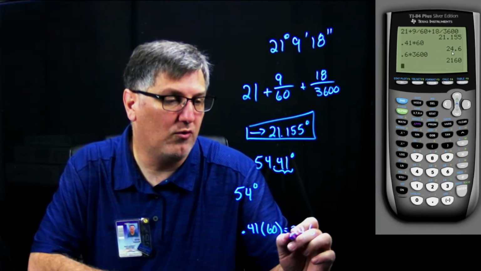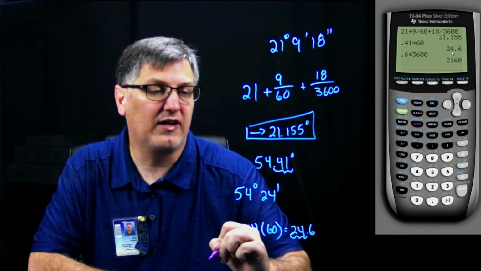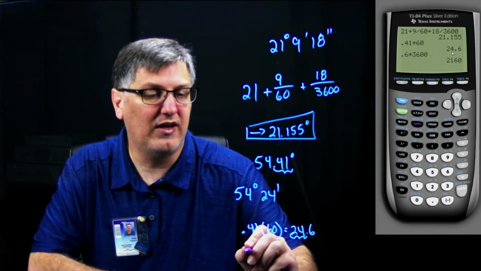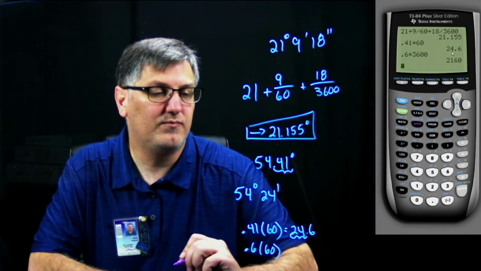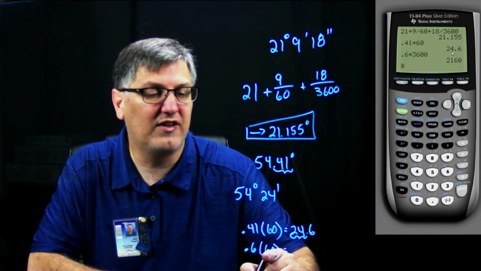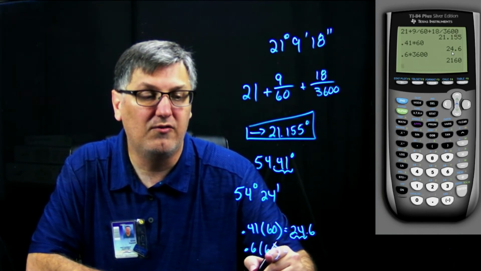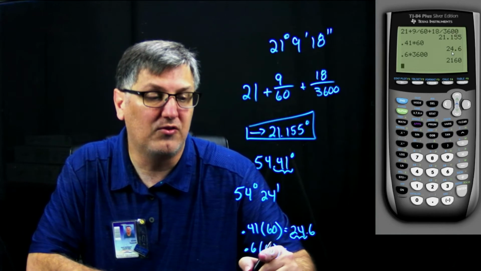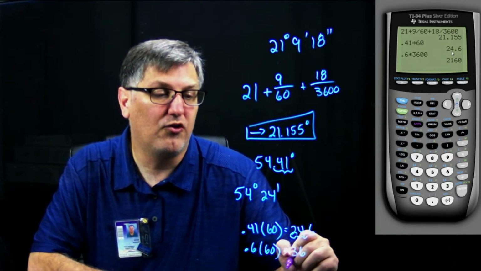This 24 right here is my minutes, so I have 24 minutes. And I'm going to take this 0.6. And what I'm going to do is multiply this by 60 because there are 60 seconds in every minute, and I have 60% of a minute. So 60% of 60 is going to give me 36.